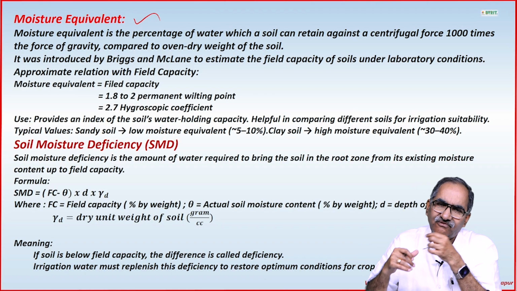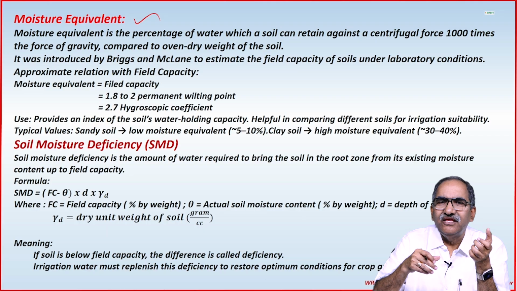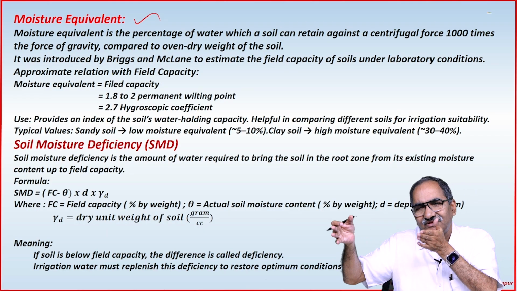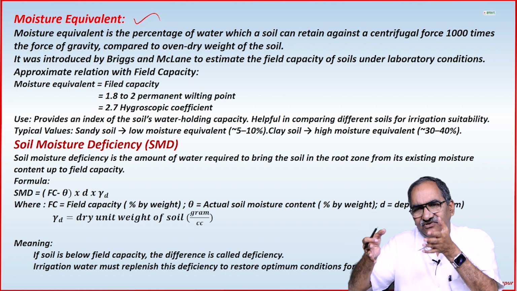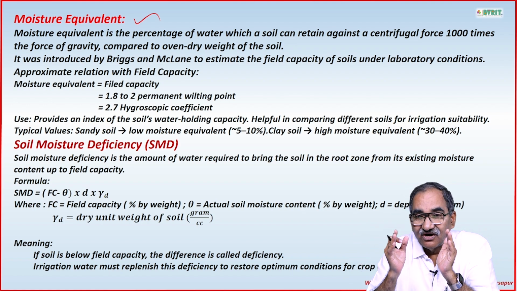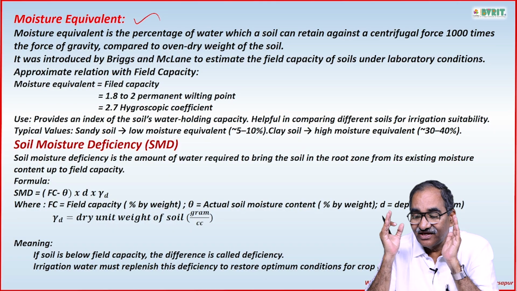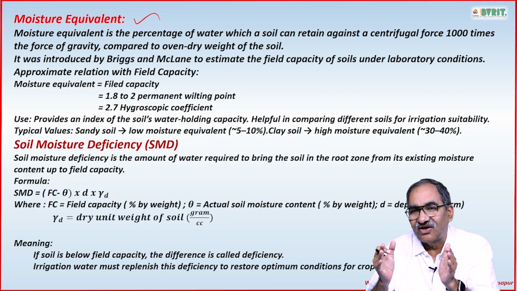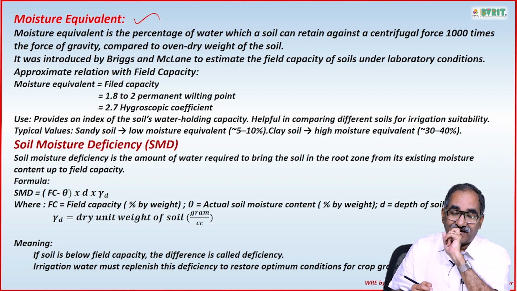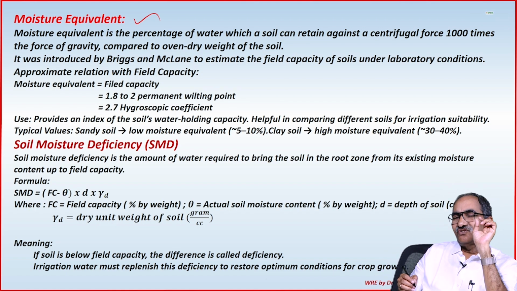What that means is, even if you apply a force 1,000 times the force of gravity to a sample, whatever water the soil can still retain in the soil mass, that is what we call moisture equivalent.